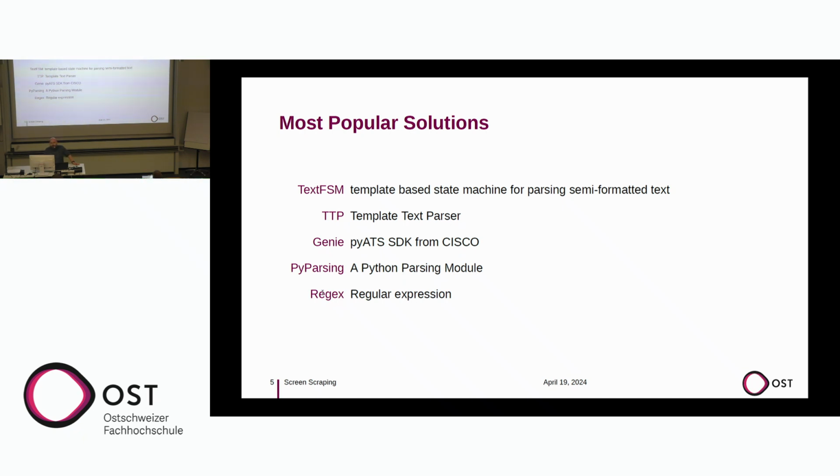And if we look closely, TextFSM and TTP are more or less an abstraction of regex, so that we don't have to write regex syntax, but in the background they will generate regex for us. And Genie itself is an SDK. We can use the functions and libraries, and if we look at the code, there is a lot of regex. So it ends up being a lot of regex when we are talking about screen scraping.